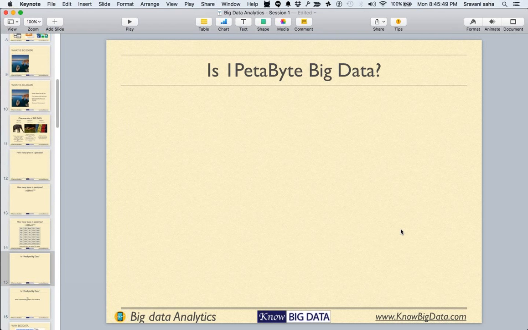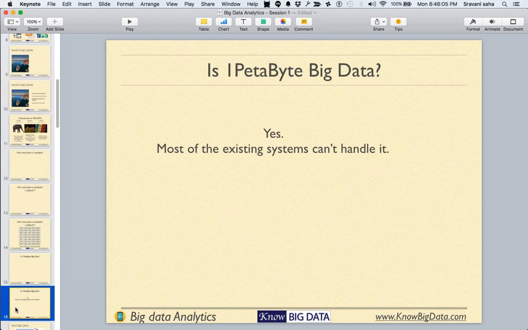Anybody? Yes, quickly. Yes, a petabyte is big data. That's right, Pranav. Because most of the systems singularly cannot store 1 petabyte of data.